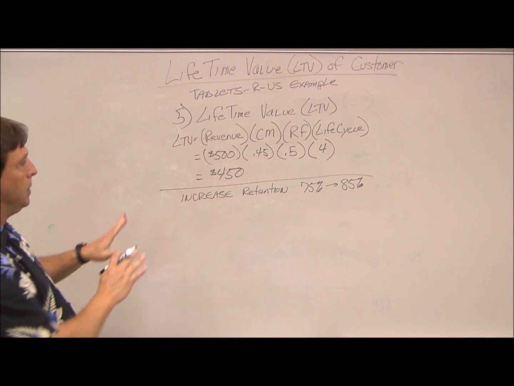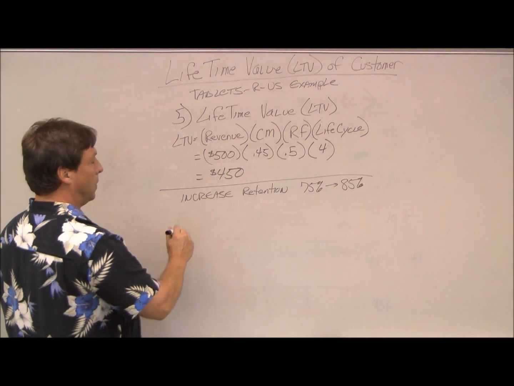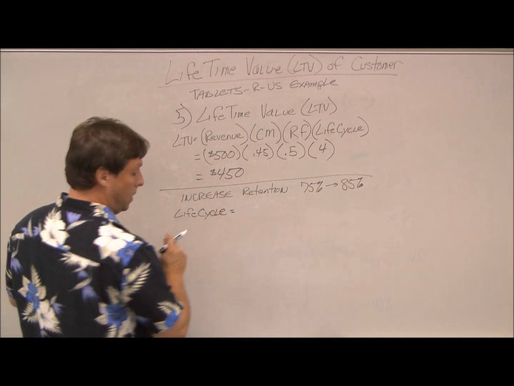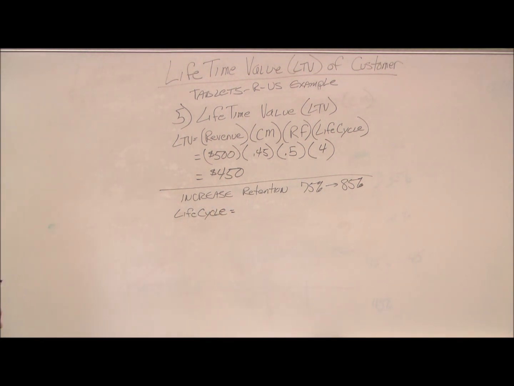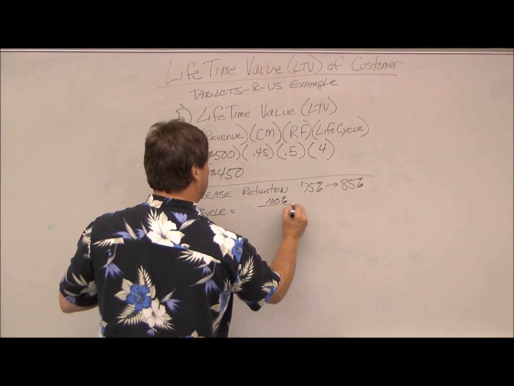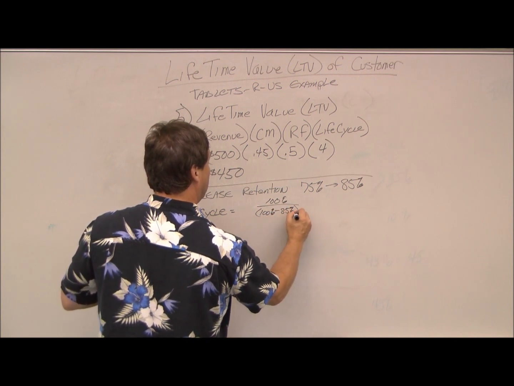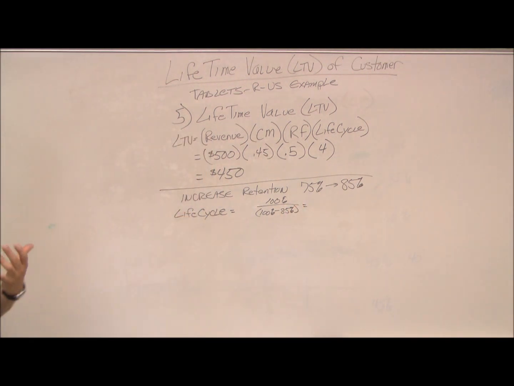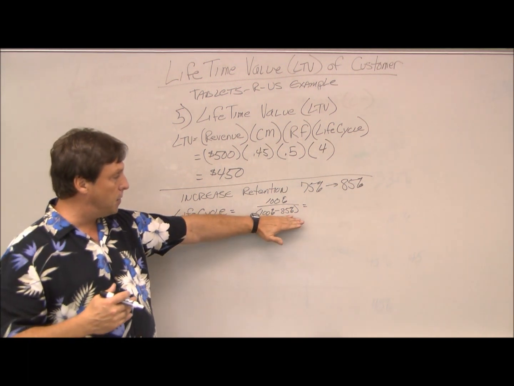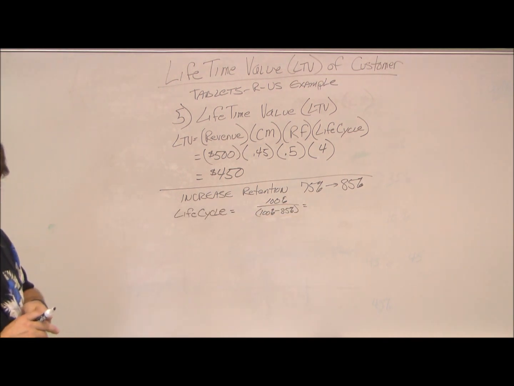So the only thing that changes from up here, from our lifetime value, is our life cycle. And if you remember our life cycle calculation, we have 100% of our customers divided by 100% minus the 85%. And I did method B here where I combined them both into one. You could take it in 2 separate steps and first calculate the defection rate and then calculate the life cycle if you so choose.